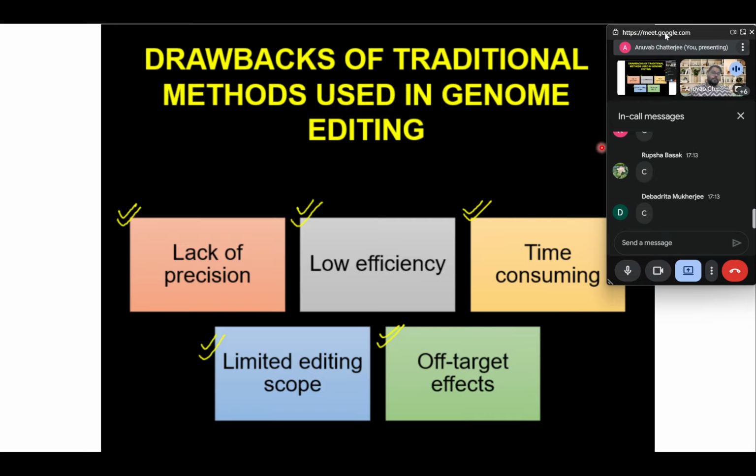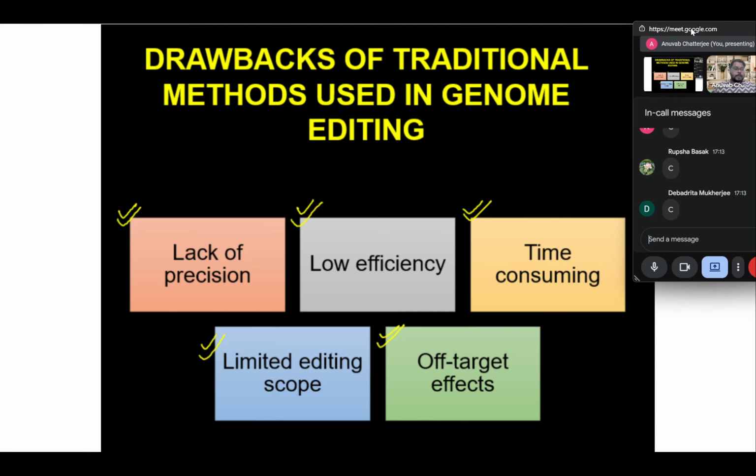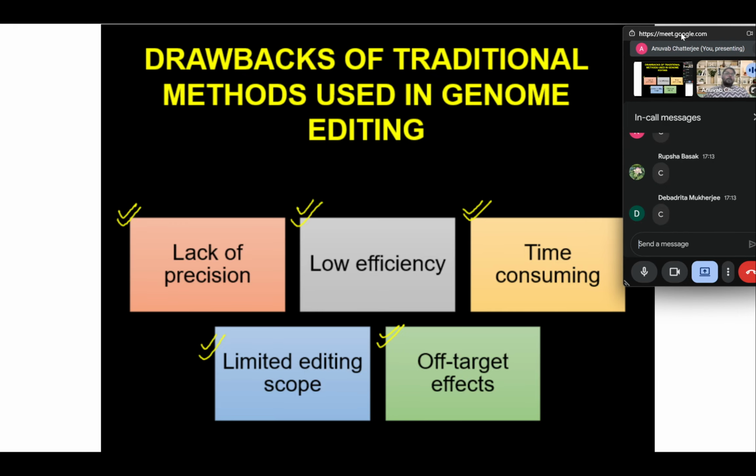Since we have learned about the different forms of repair and genetic editing strategies that the cell by itself uses to repair or change or modify its DNA, we know that all of these are not very viable for genetic engineering by us.